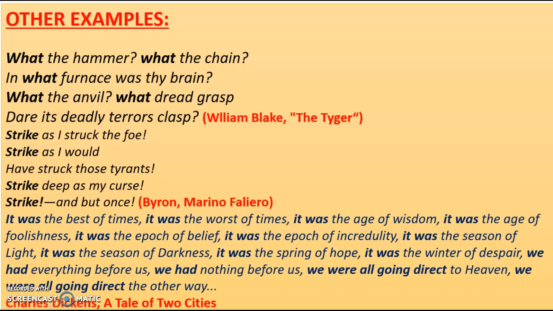We had everything before us, we had nothing before us. We were all going direct to heaven, we were all going direct the other way." Taken from Charles Dickens, A Tale of Two Cities. So these were some different kinds of examples for anaphora, right? Okay?